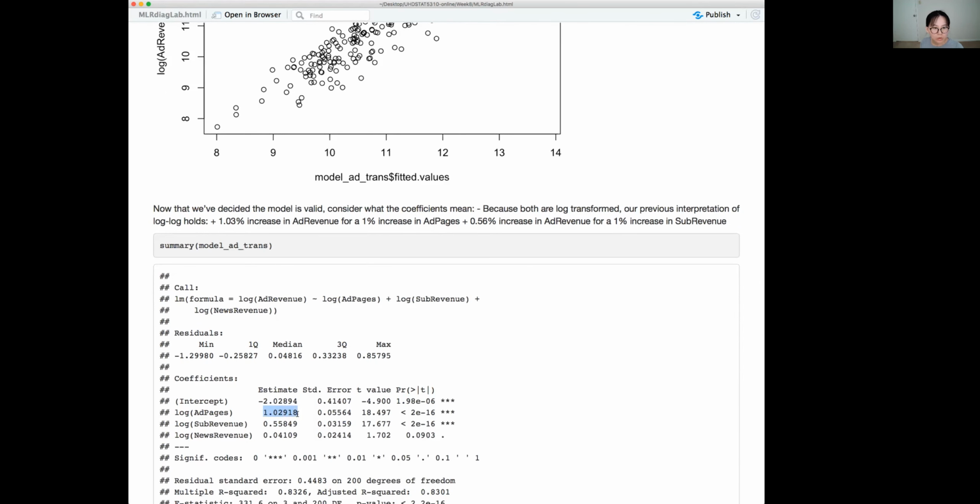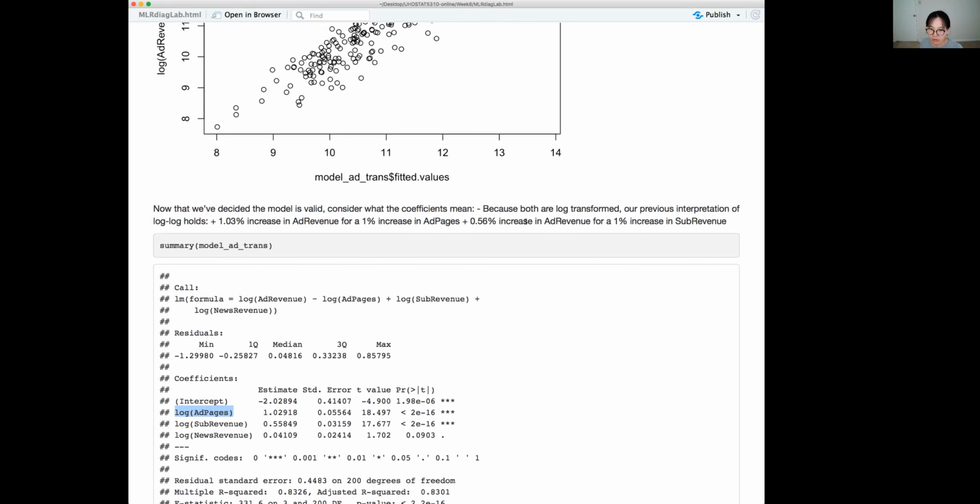So this is a 1.03% increase in ad revenue if we increase ad pages by 1%.